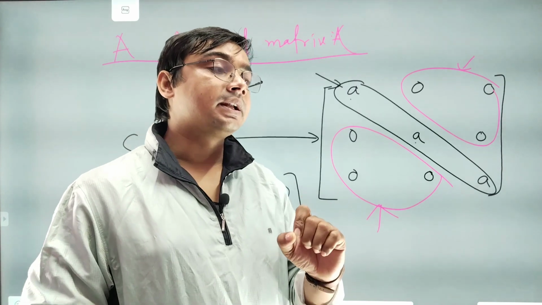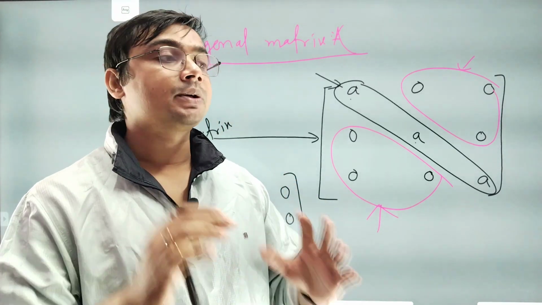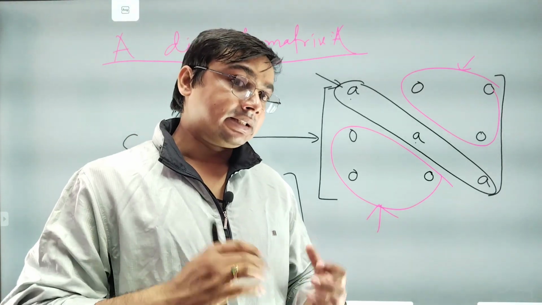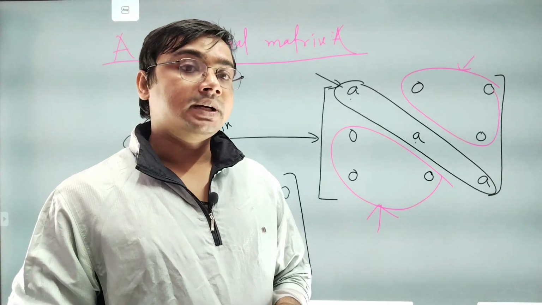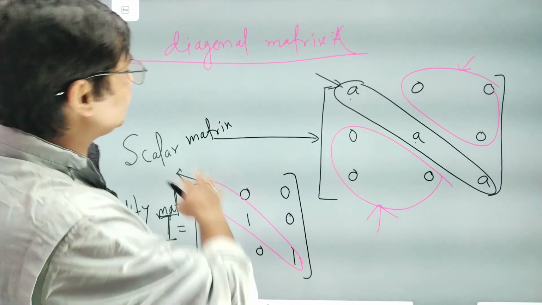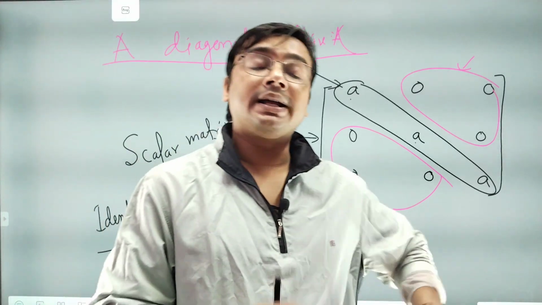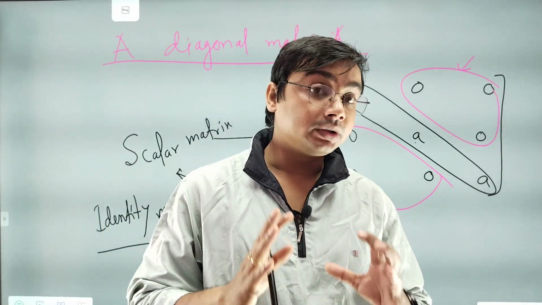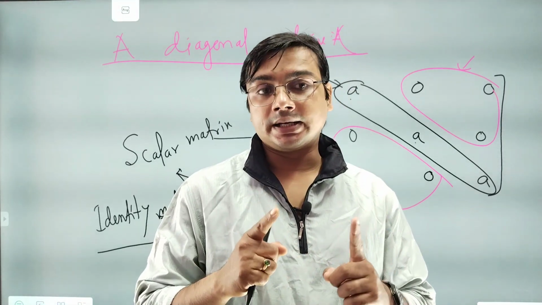So in the case of a diagonal matrix, scalar matrix, or identity matrix, whatever we have discussed about these three types, the matrix should first be square. Then, if a square matrix has all the non-diagonal elements 0, the matrix is called a diagonal matrix.